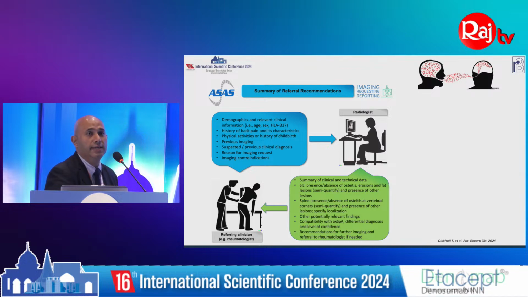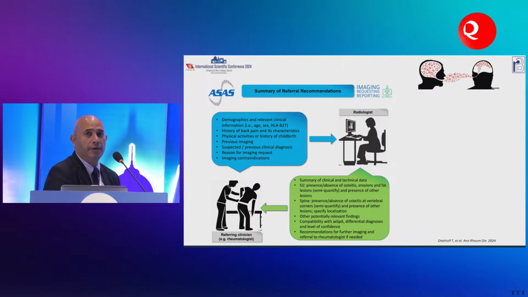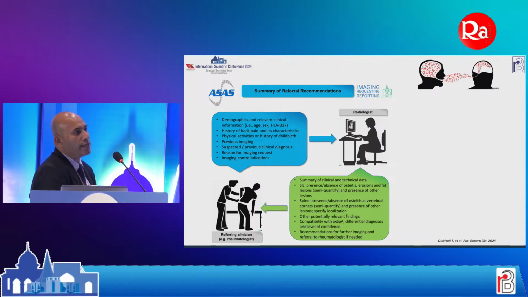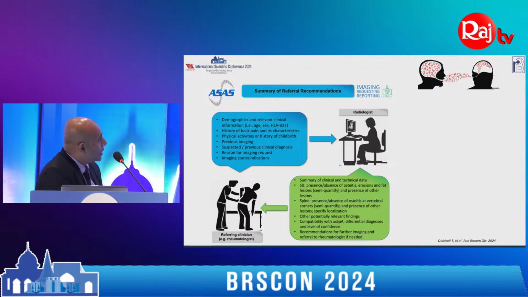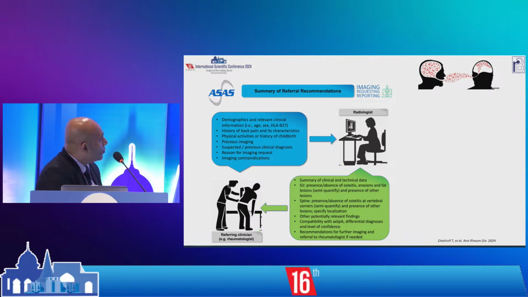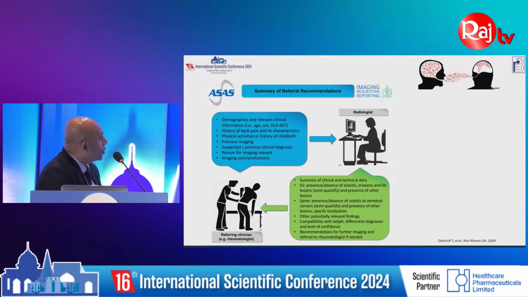This was actually a project of the ASAS, where it was decided to come up with a summary of referral recommendations. So you should always give demographics and relevant clinical information, including age, sex, and HLA-B27, history of back pain, physical activities, previous imaging, suspected or previous clinical diagnosis, and imaging contraindications.